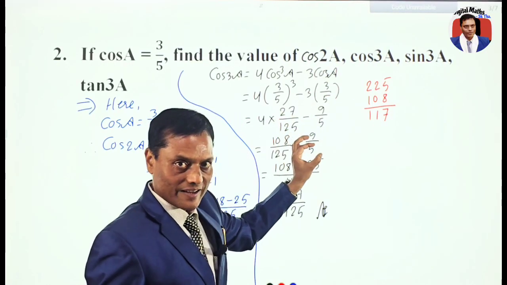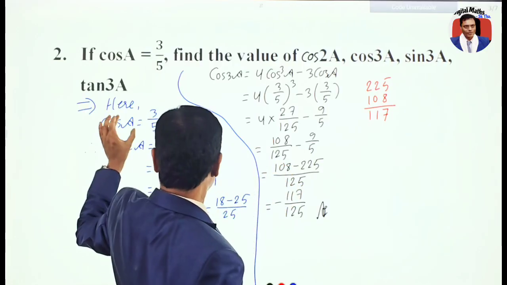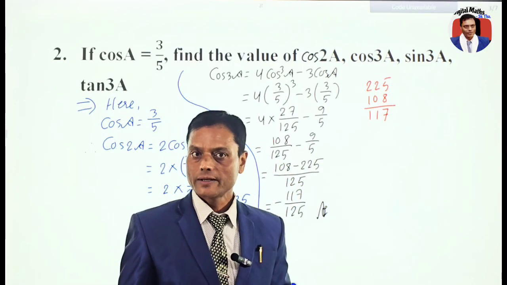Sin 3a is also being asked, isn't it? So to find the value of sin 3a, we need sin a, right? From the value of cos, we can easily get the value of sin, isn't it?